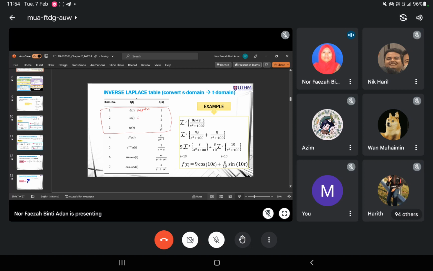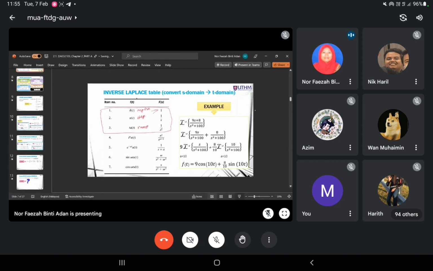And then ut is your step input, and tut is your ramp input. So you have the equation for each input in the time domain. For impulse it is delta T, with T in brackets to show that it's the time domain. When you convert it into Laplace transform, it is 1.